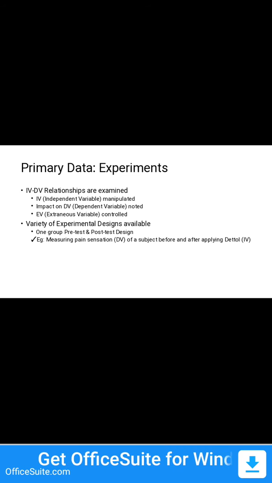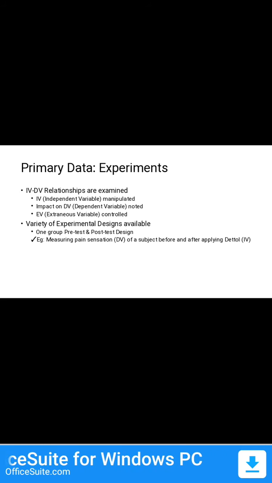Now, how do we conduct experiments? Basically, we manipulate the independent variables. We bring about a change in the value of the independent variable, and if there's a relationship between independent variable and dependent variable, when you change the value of independent variable, naturally there would be a change in the value of the dependent variable.